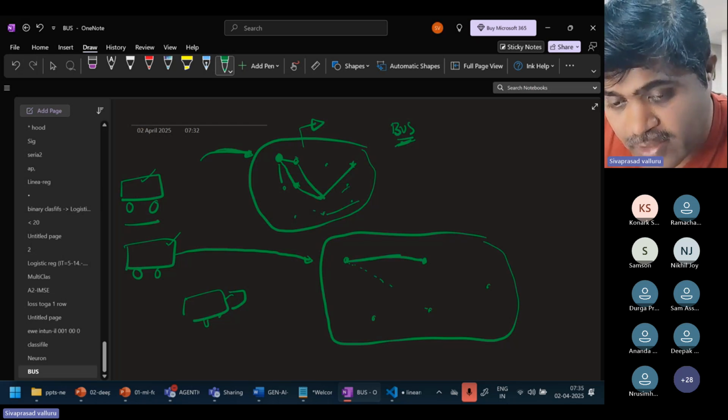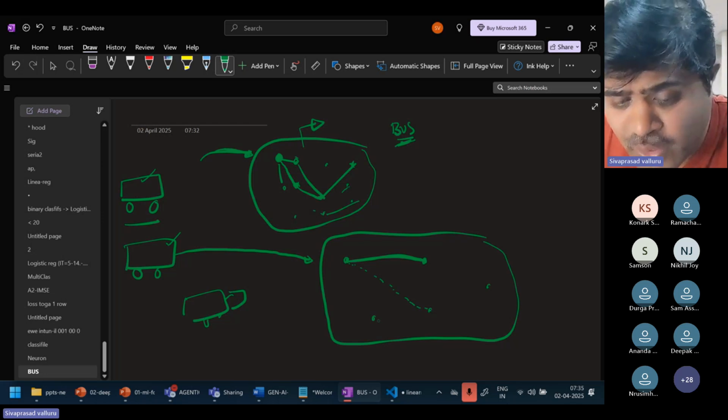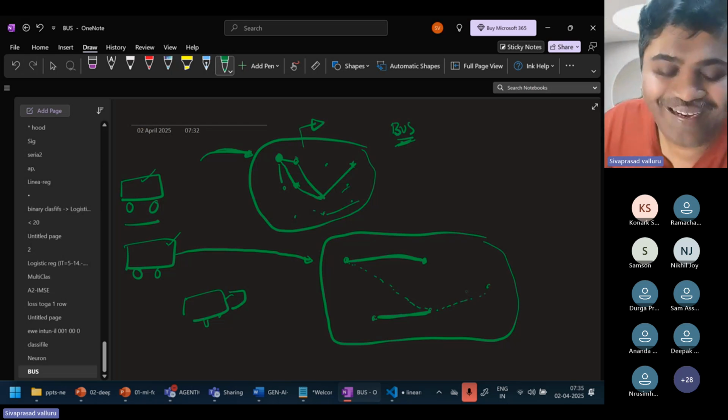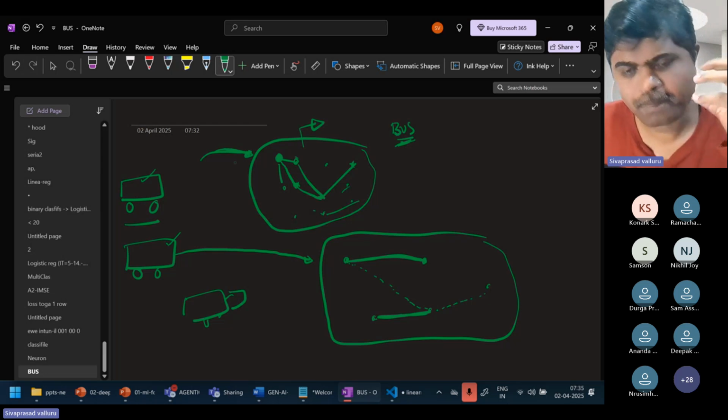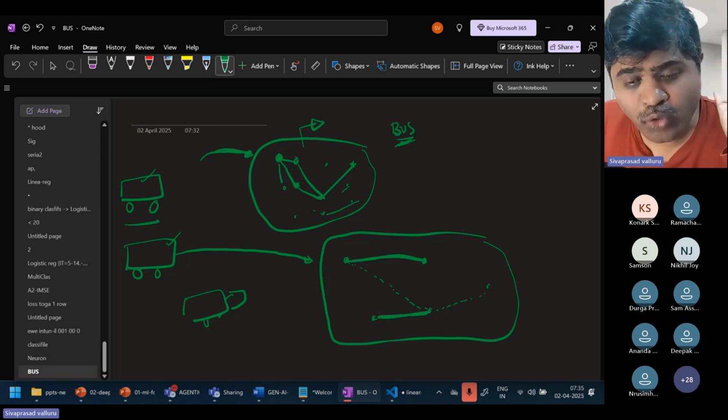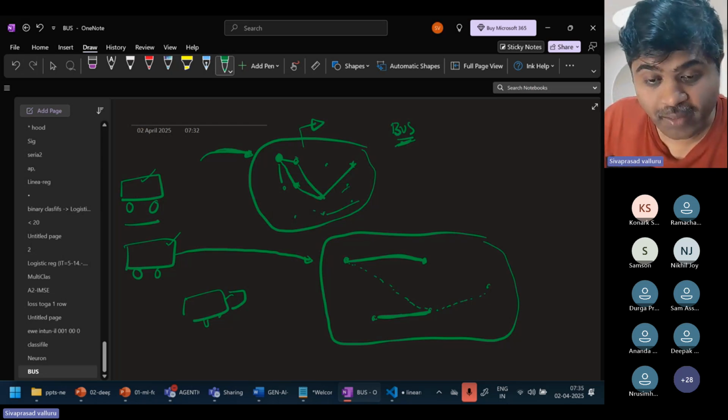I'm writing a thick line for a strong connection and a light one for a light connection. Between the neurons there might be a strong connection, represented by a thick line, or a light connection. Whenever our eyes send a signal to the brain, of course, neurons will get connected.